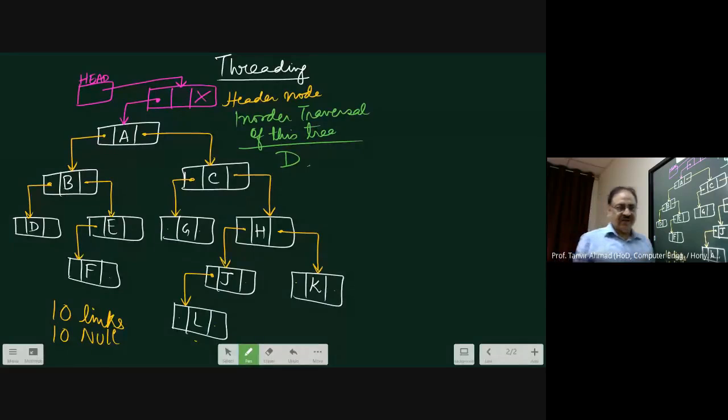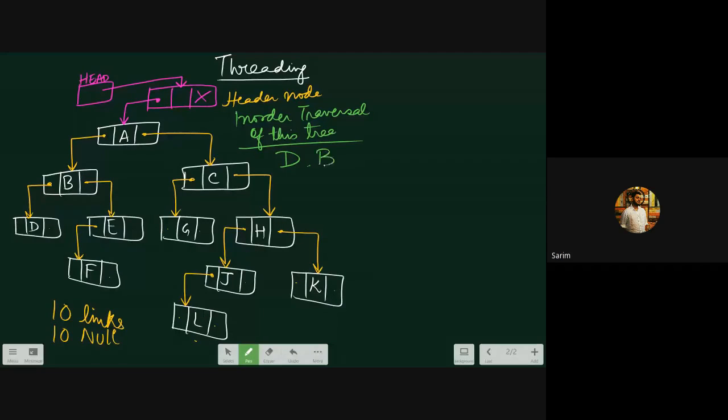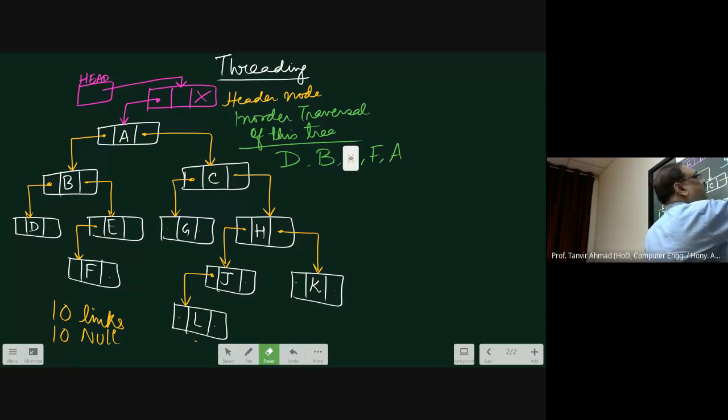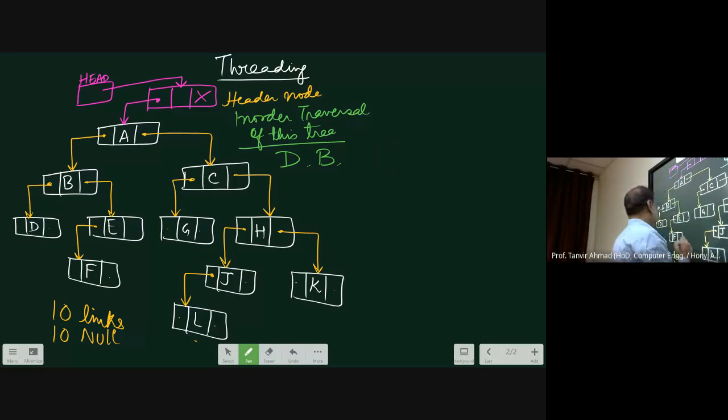D. Then D, B, E, F, A. Sorry, not E; F, E will come. Because it is left, root, right.